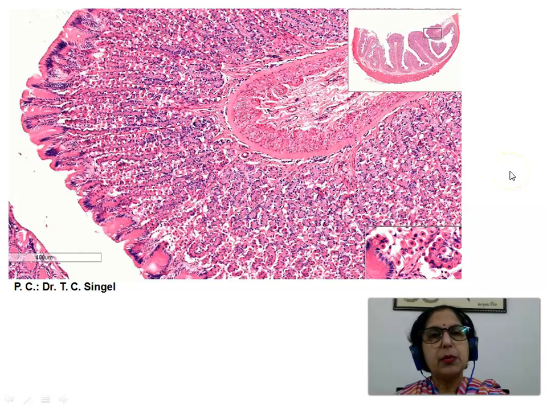Before seeing the different types of cells, this is an Aperio scope picture of the fundic glands. Again, we can see the lining epithelium nicely, with simple columnar cells with a basal oval nucleus.